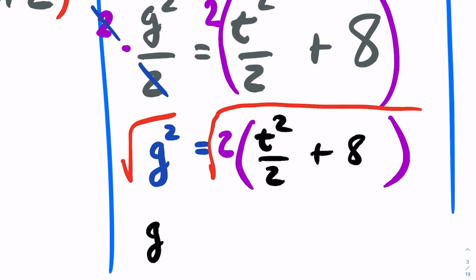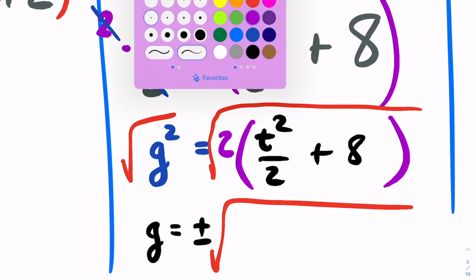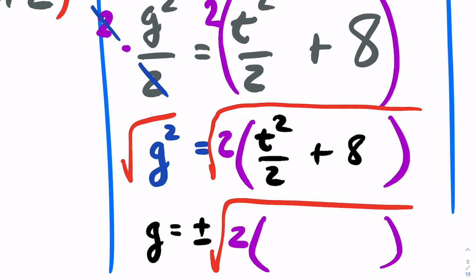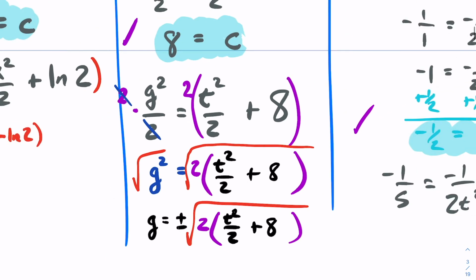So g is equal to, don't forget square root is a plus or minus. Everything else stays the same. Don't clean it up. It's a super messy answer, but nobody cares because you got the job done.